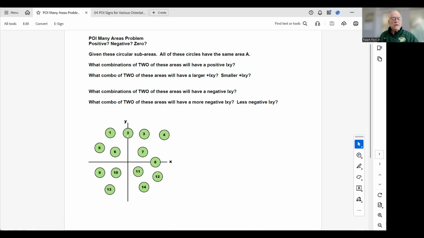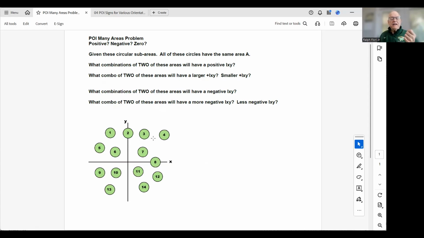2 will have a 0 IXY because he's centered on the y-axis because his dx is 0. 8 has a 0 product of inertia because his dy is 0.